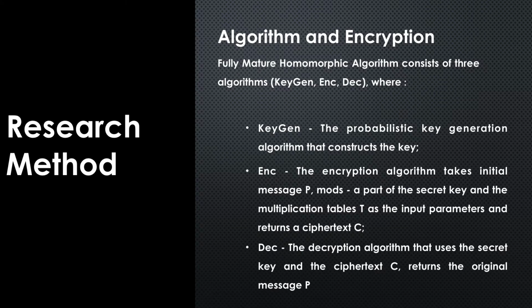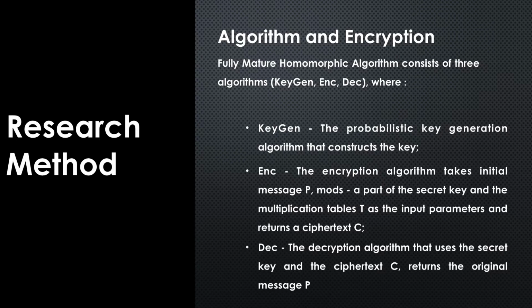And here we will be explaining about the algorithm and encryption part. The fully mature homomorphic algorithm has three algorithms mainly, which are key generation, encryption, and decryption. The key generation is the algorithm to generate the secret key, and the encryption is where we will be encrypting the data using the secret key generated in the first algorithm.